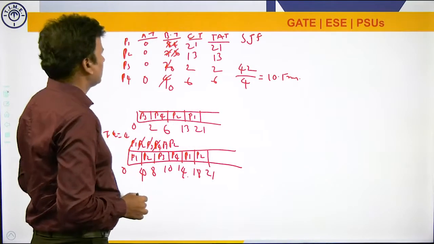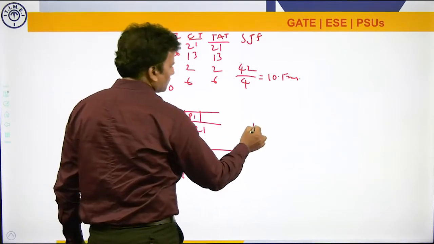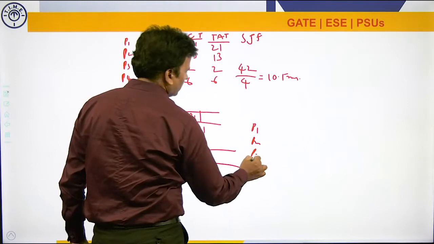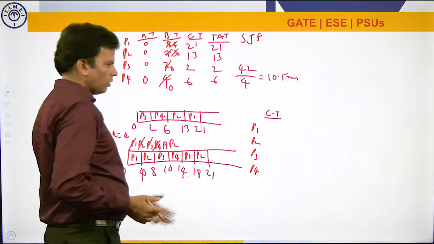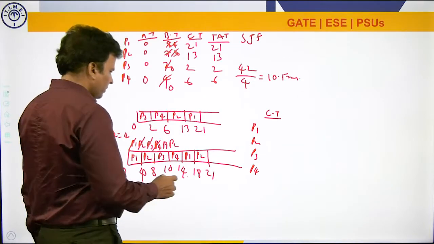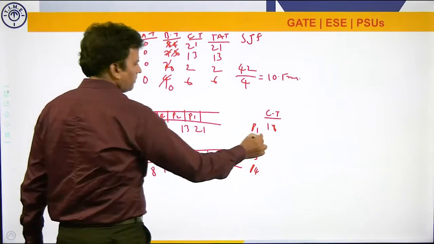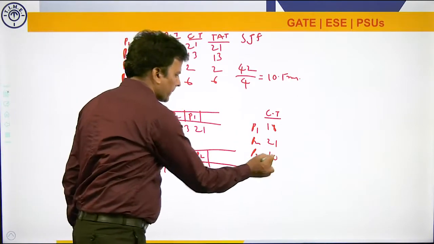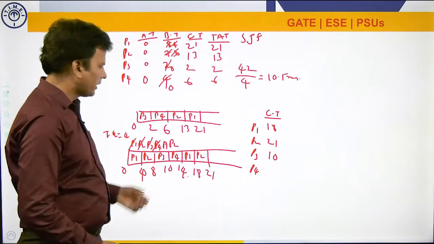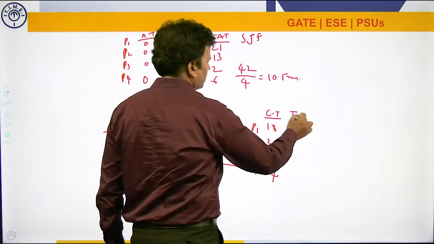So let's see the completion times of processes P1, P2, P3, P4 according to round robin. P1 completion time is 18, P2 completion time is 21, P3 completion time is 10, and P4 completion time is 14. Let's calculate the average turnaround time.